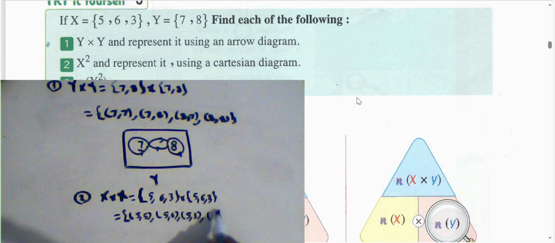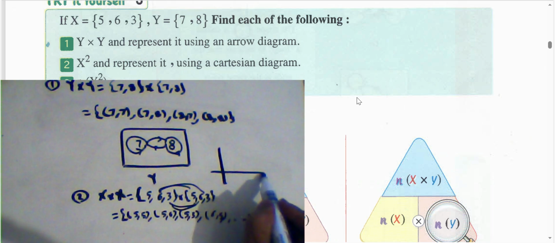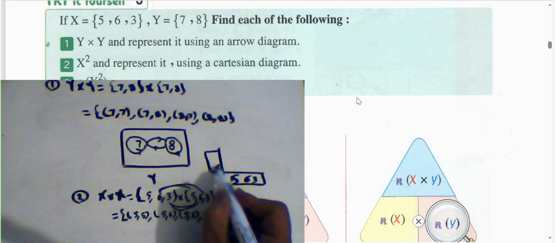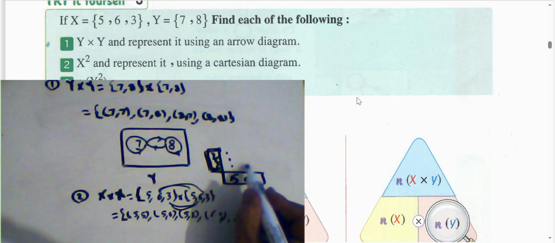Then 6 with 5, 6 with 6, 6 with 3, and then 3 with 5, 3 with 6, 3 with 3. You can complete it. Okay, now I will draw the Cartesian diagram for x by x. Write x here, the elements of x are 5, 6, and 3, and also 5, 6, and 3. And write the image up here.